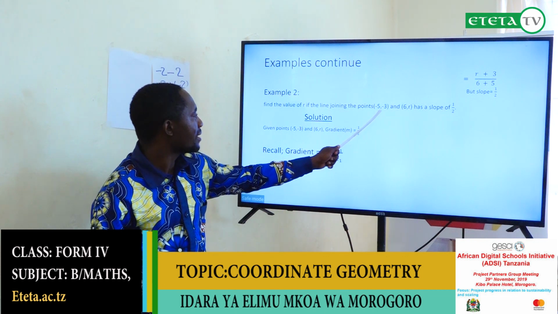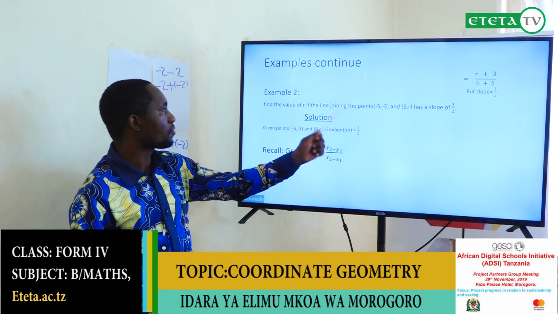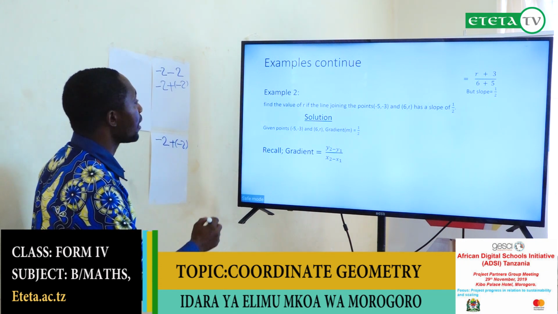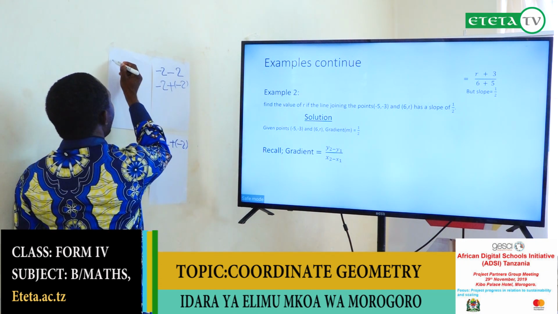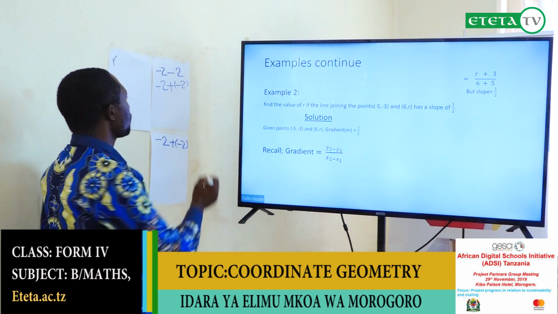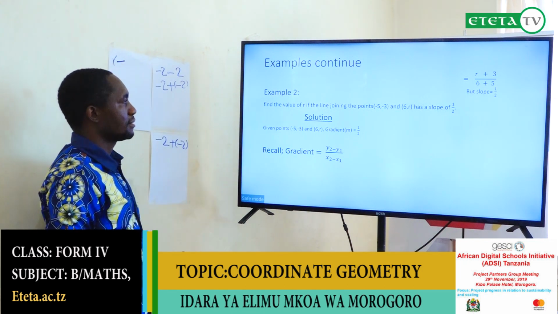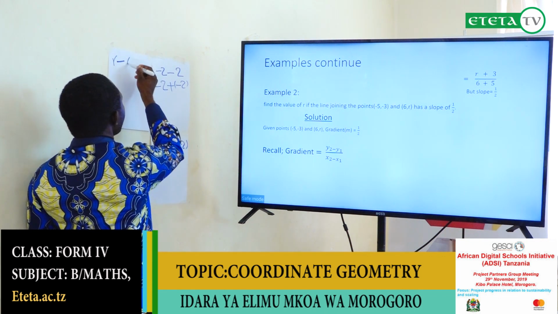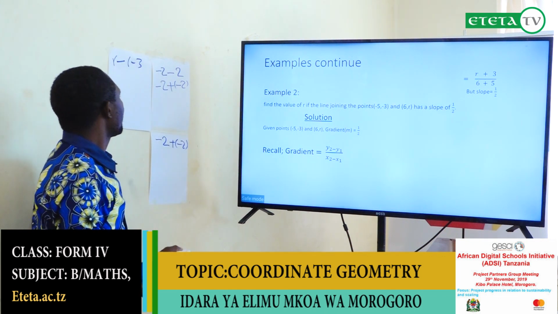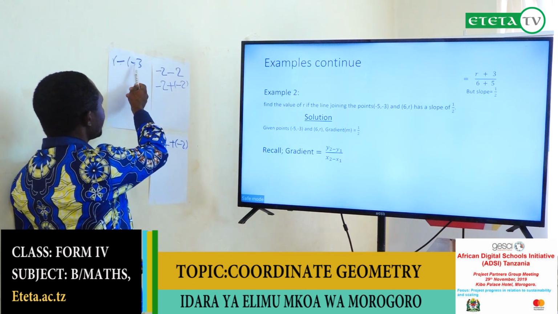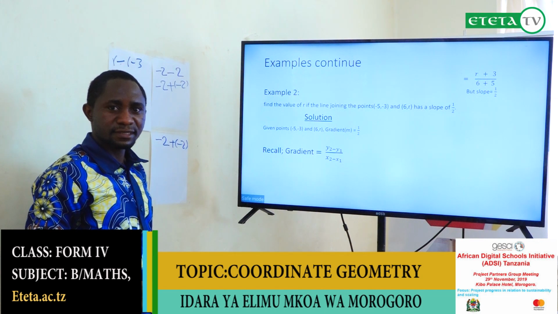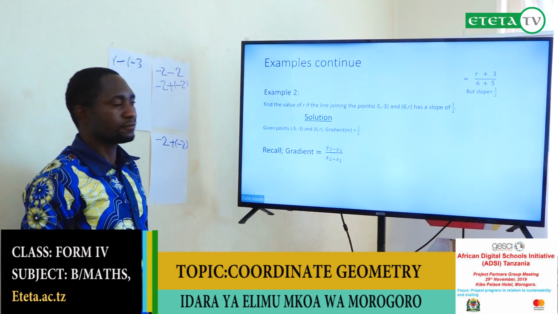R minus -3 we get positive, because if you take R as y2 minus y1, which is -3, you find that negative and the negative gives us the positive.